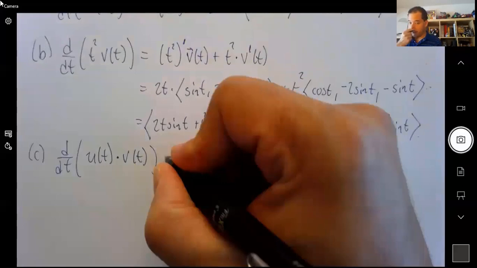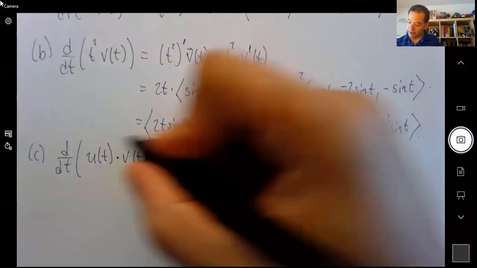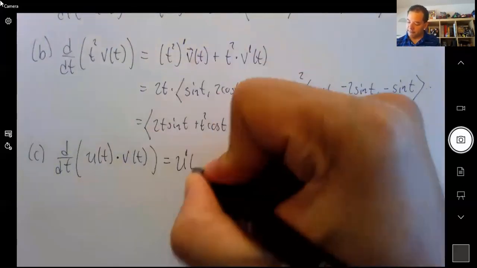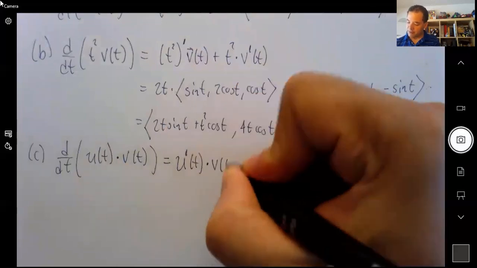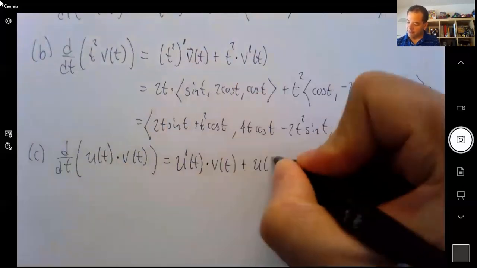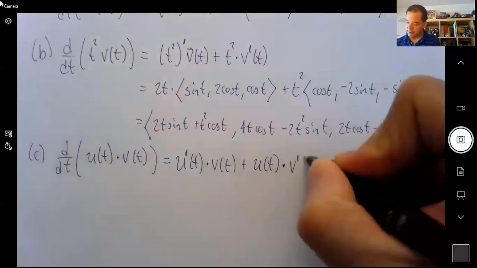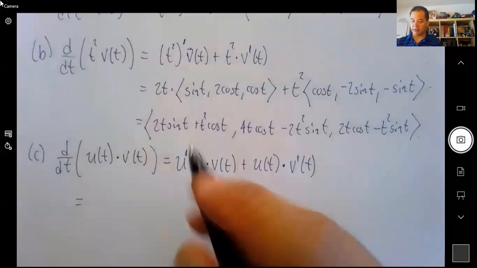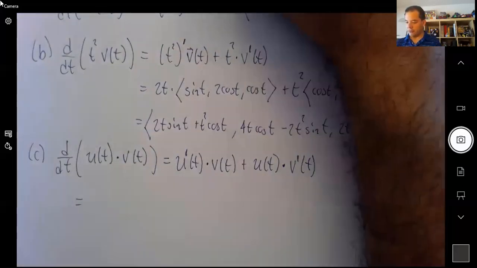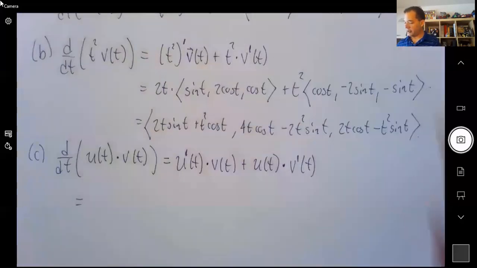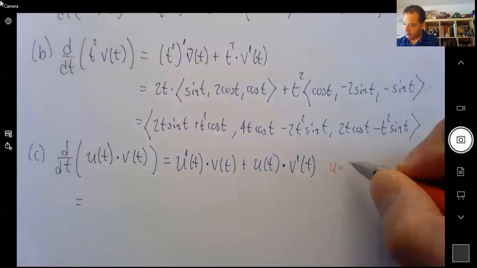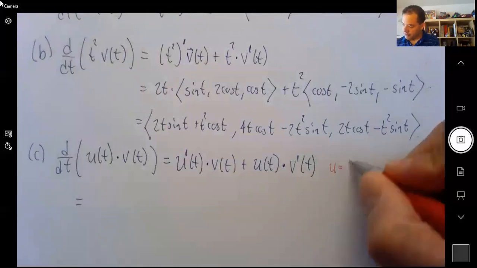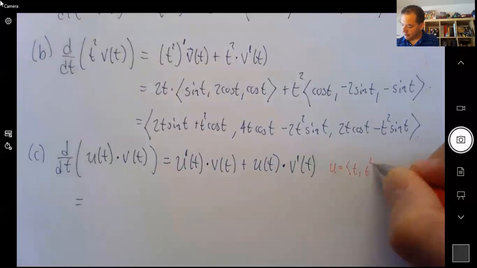So by the new product rule we learned, this will be u prime dot v plus u dot v prime. Well, we only need to know u prime. And you can't see u. So u was, let me write it here, small. So here's what u was: t squared, negative t cubed.